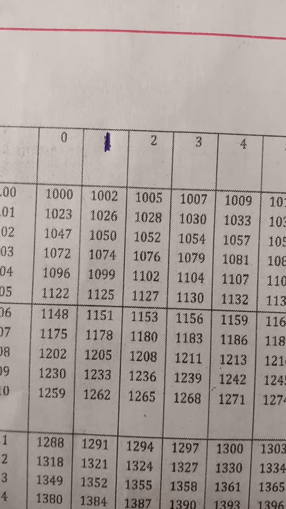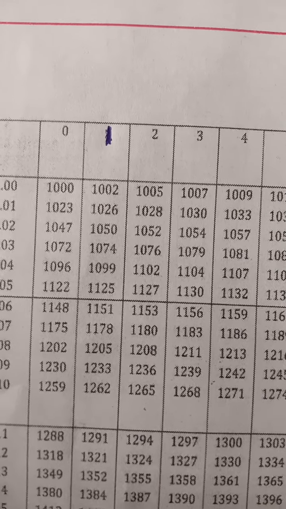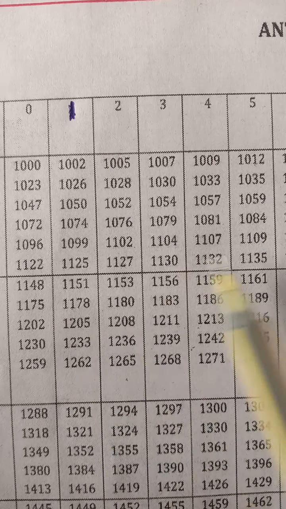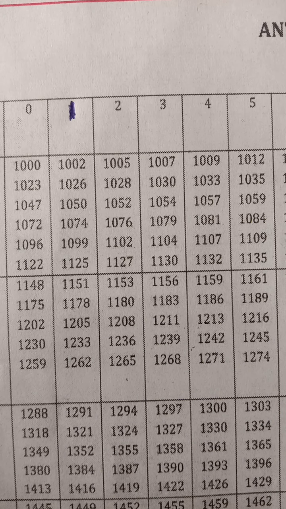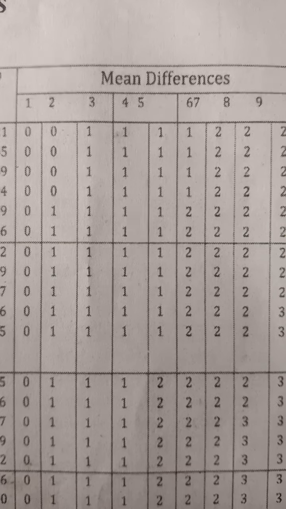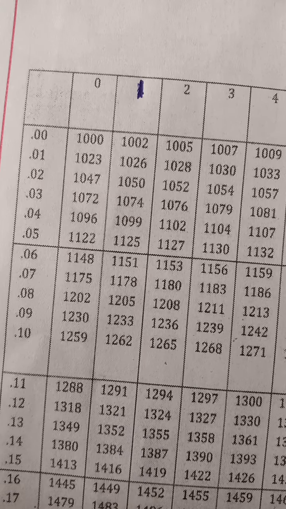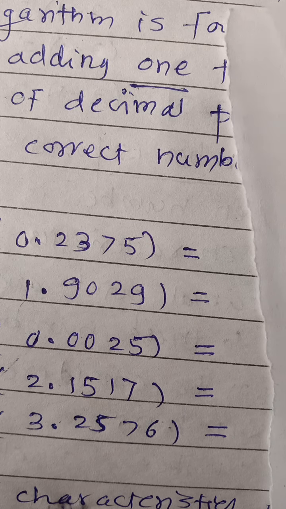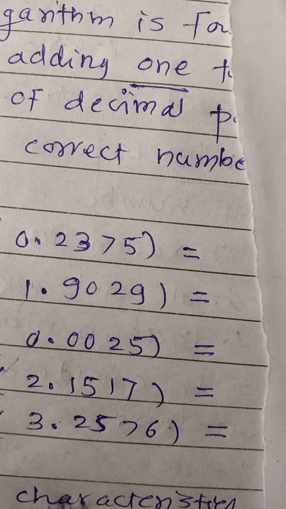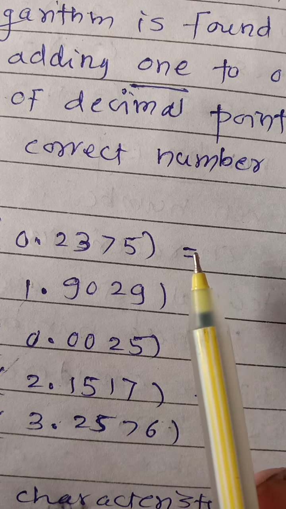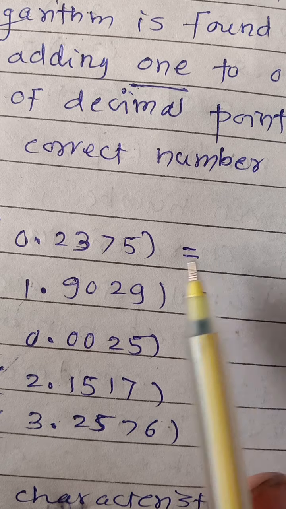First of all, we will have to observe the anti-logarithm from these vertical columns, and then we will have to add the mean difference from the respective column. So we have taken 0.2375 as the given number, and we have to find its antilog.